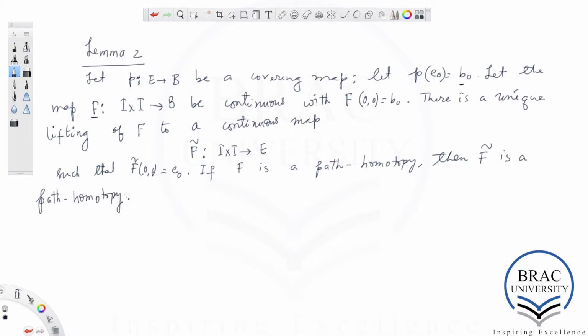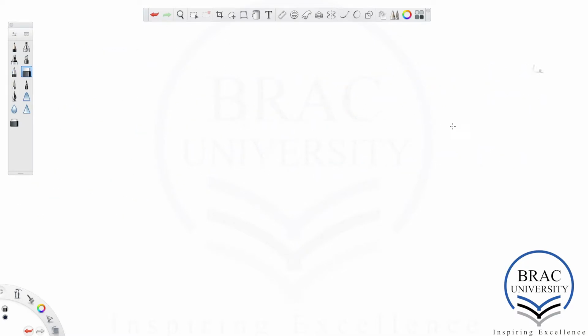So this is the statement of our lemma 2. Let us prove this lemma. Let me erase this statement. I am going to prove this now.